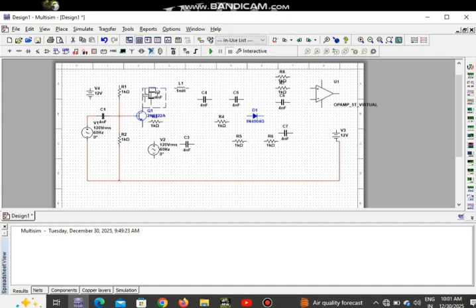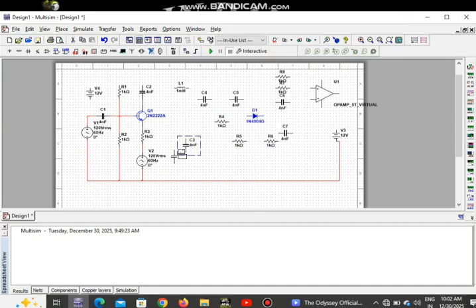Capacitor, rotate 90 degrees. Join in capacitor. Resistance rotate 90 degrees and down, join in R3 meter, voltage source down, resistance positive, and voltage source negative to ground.